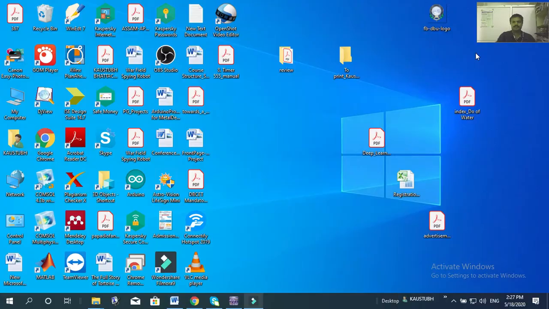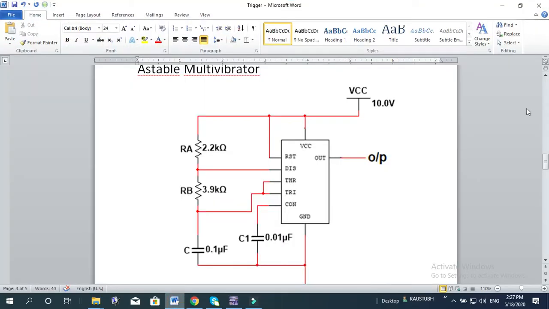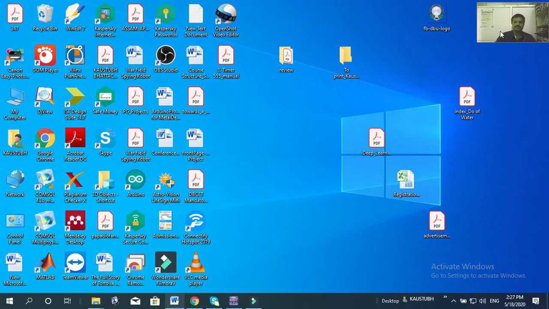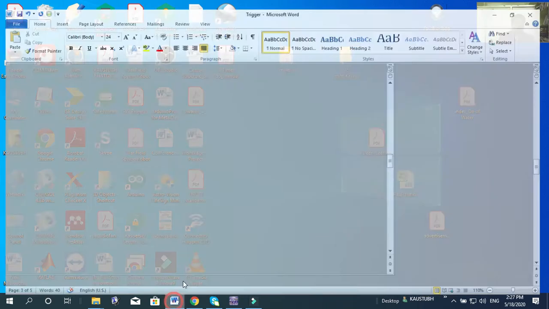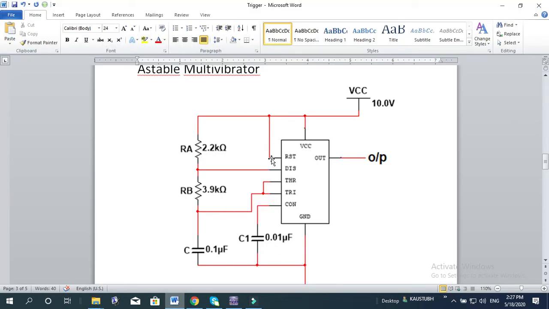So let's start. Here, as you can see, this is your astable multivibrator circuit, where this is your pin number 8, the VCC, then reset pin number 4, then this is your discharge pin 7, threshold 6 and trigger 2, and this is your control pin, and this is your ground, and this is your output.